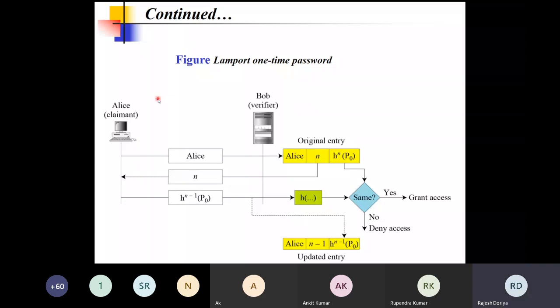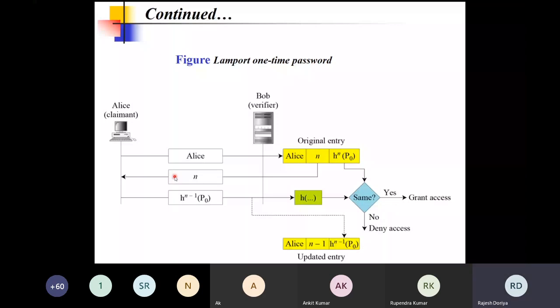So whenever they try to communicate, they need to hash the password. For example, for the first communication, they need to hash this particular password for the first time. Only one stage of hashing has to be applied over this password for the first communication. And the moment they try to communicate again next time, they have to perform double hashing.